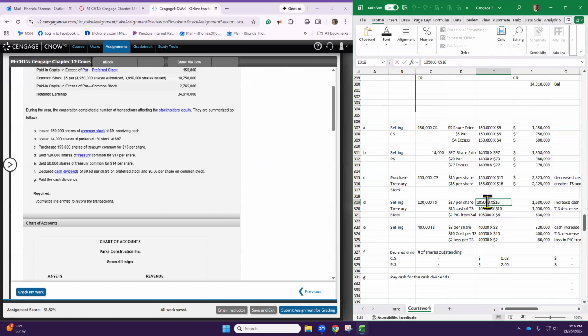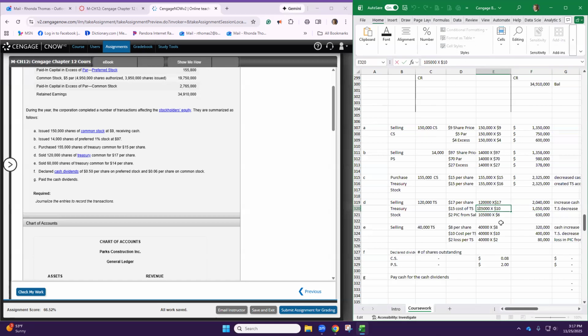All right, so once again, we got to go with how many we sold. 120 sold at 17. Okay, so 120,000 shares of treasury stock times 17. That's the increase in cash.